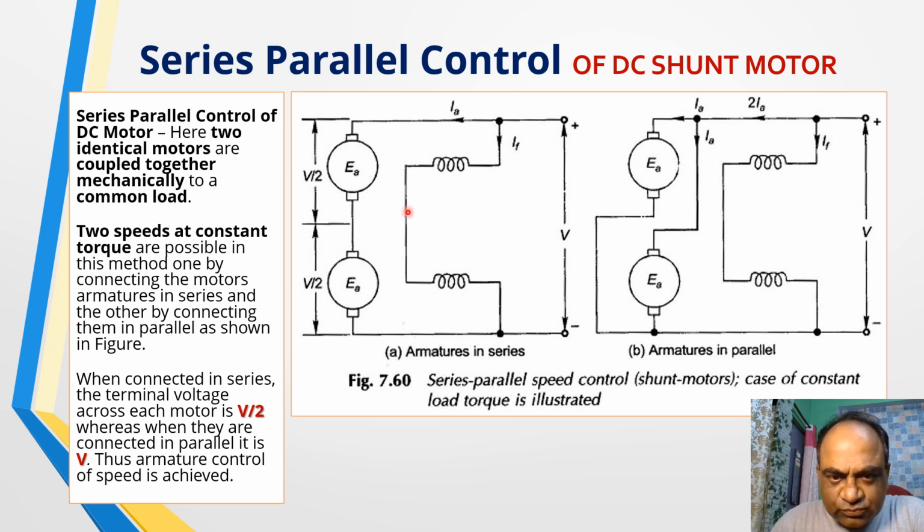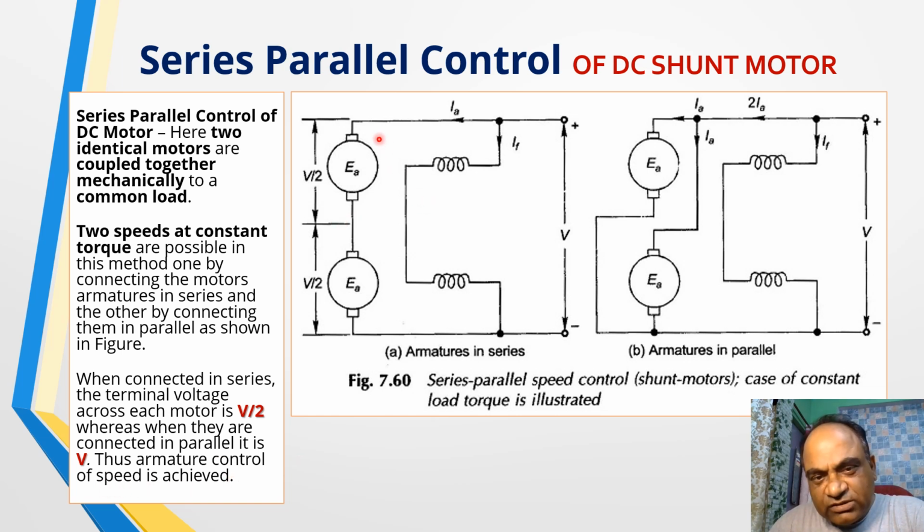So here two fields are connected in series, two armatures are also connected in series. Here two armatures are connected in parallel, but here two fields are connected in series. So there are two situations: when they are connected in series, the terminal voltage across each motor is V by 2, whereas when they are connected in parallel, it is V. Thus the armature control of speed is achieved.